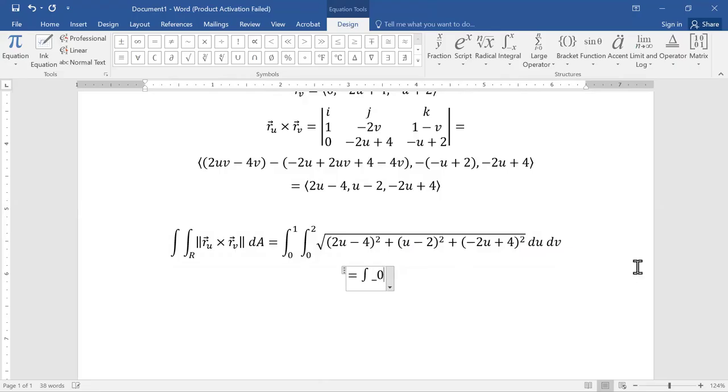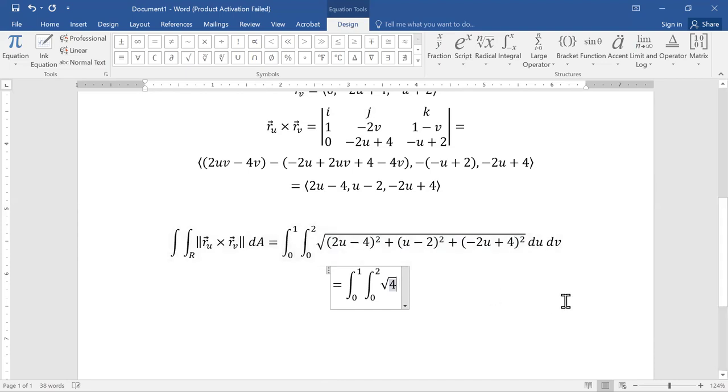Now this looks kind of messy at this point, but it actually simplifies fairly nicely. If I factor out a 2 here, I get 4, because I factor out a 2 and then square it.